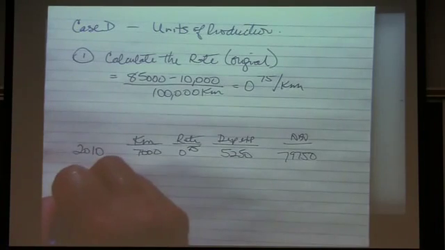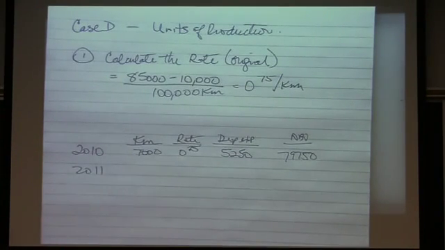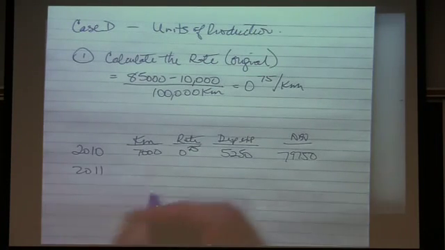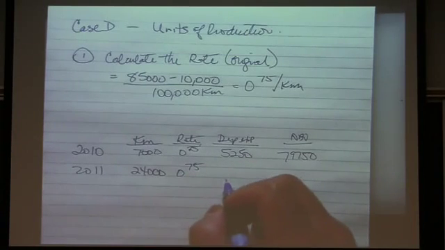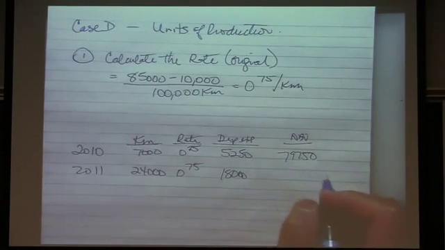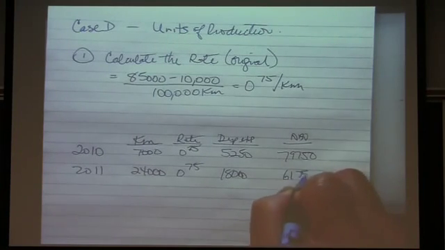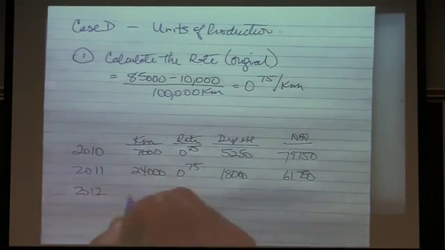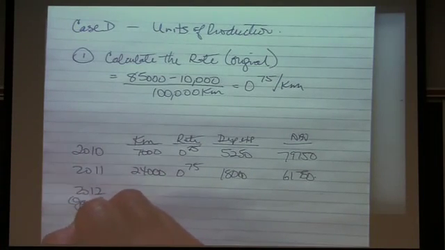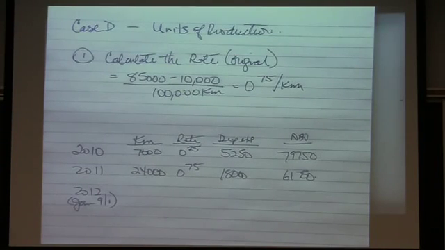Then we continue on in 2011, and you'll see that in this question, 2011, we were given 24,000 kilometers in the original question. So we're just going to multiply by 75 cents to give us 18,000, and that gives me 61,750. Now, for 2012, we're told that prior to the change, from January to September 1st, the total kilometers was 11,000.